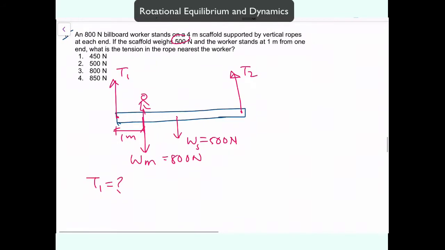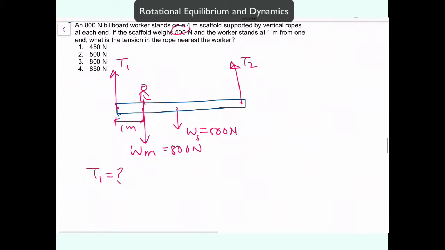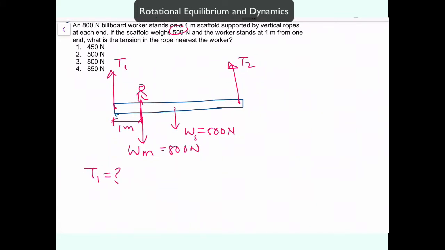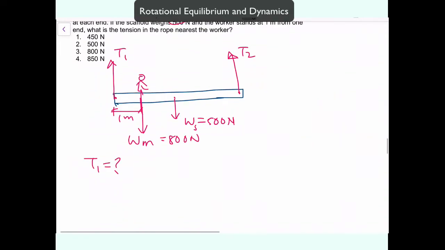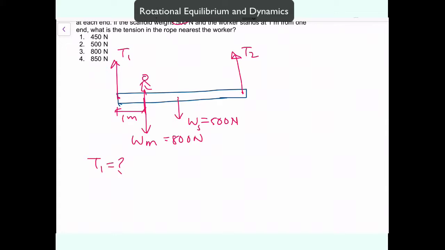Okay, all right. So how do we solve this? There could be several ways to solve it. But since you are asked to determine T1, choose a proper point of rotation. The first thing is you can apply the first condition of equilibrium, which is the sum of all the forces equals 0, because the scaffold is not falling or nothing is happening to the scaffold.